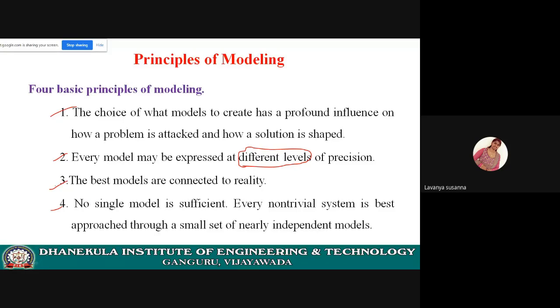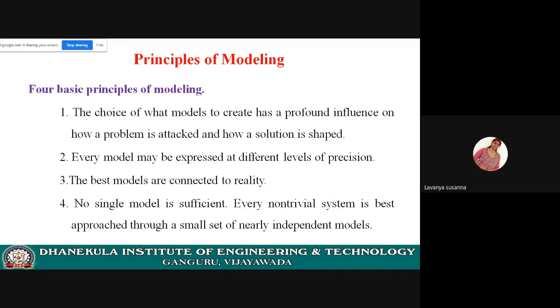Next, third principle. Best models are connected to the reality. If you choose the best model, that will depict the complex system. So you need to choose the best model. If you choose the wrong model, it will lead you to some irrelevant concepts.